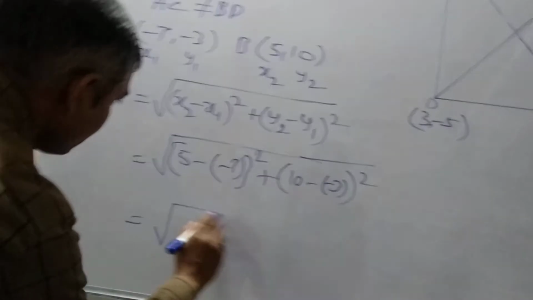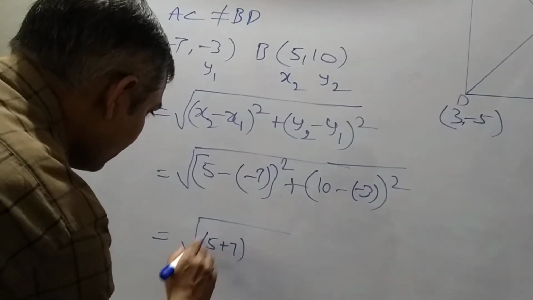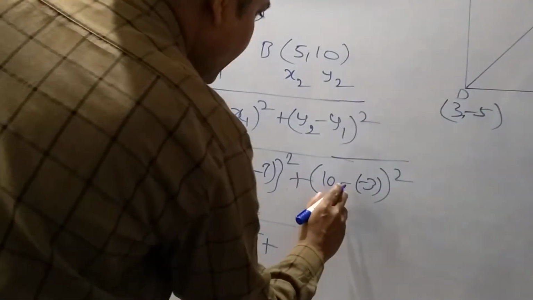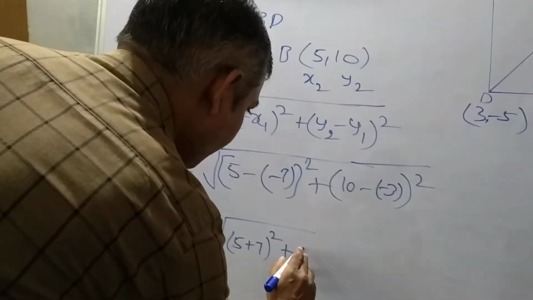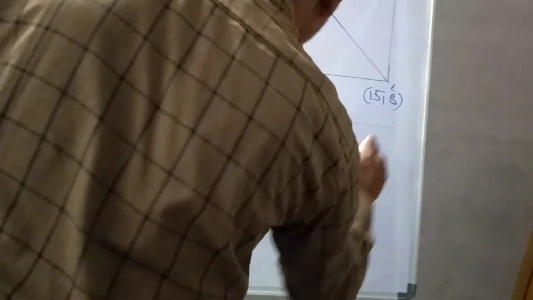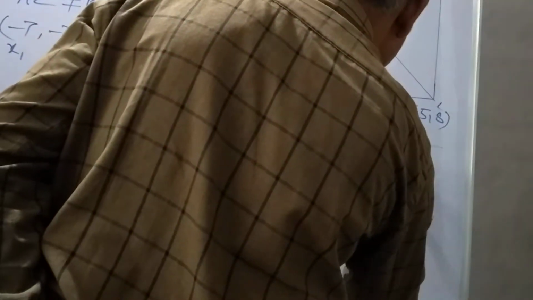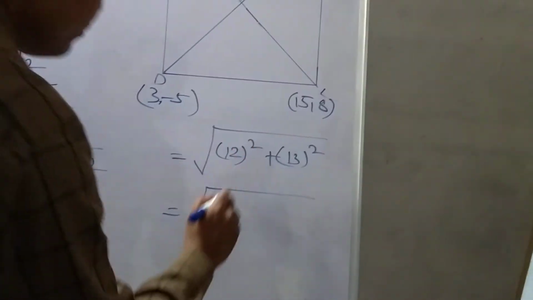That is equal to 5 minus of minus, plus 7, 5 plus 7 whole square, plus minus of minus plus 10 plus 3 whole square. That is 5 plus 7, 12 whole square, plus 10 plus 3, 13 whole square. That is equal to 12 whole square, means 144, plus 13 whole square, means 169.